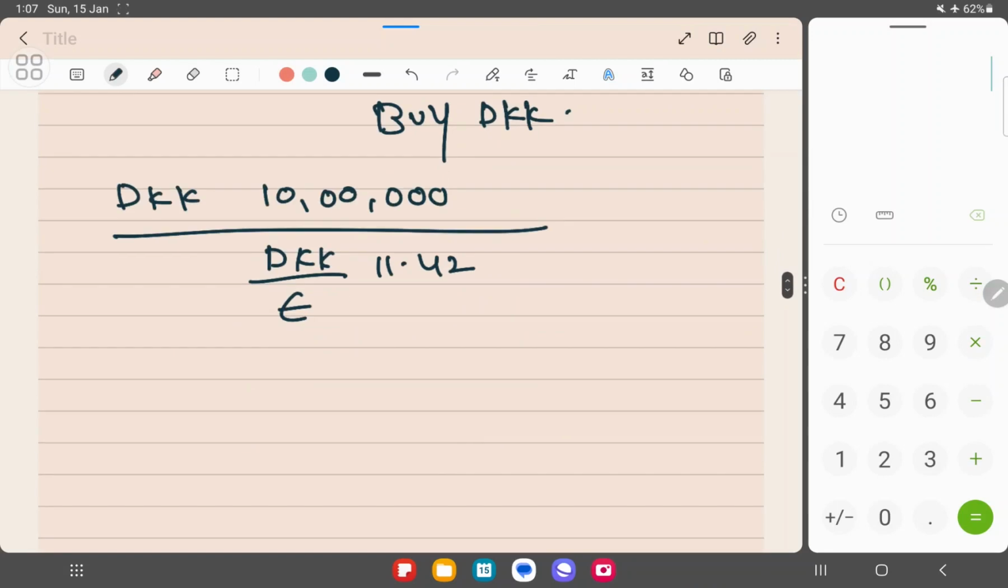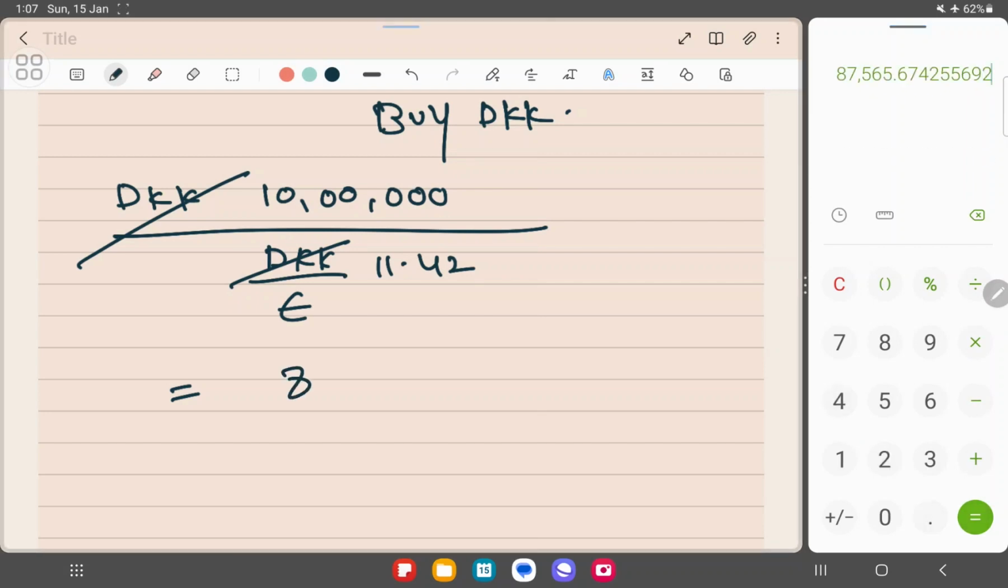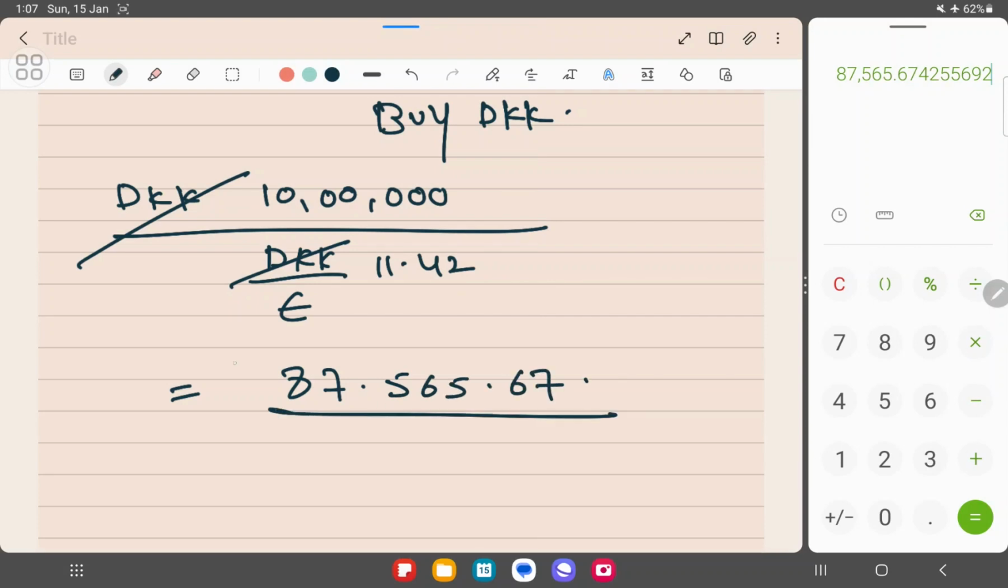See right here, this DKK will cancel out. We'll do this here. See, 10 lakh divided by 11.42 would give me 87,565.67. Okay, we are not doing the round off and all that. So basically this is my equivalent pound.